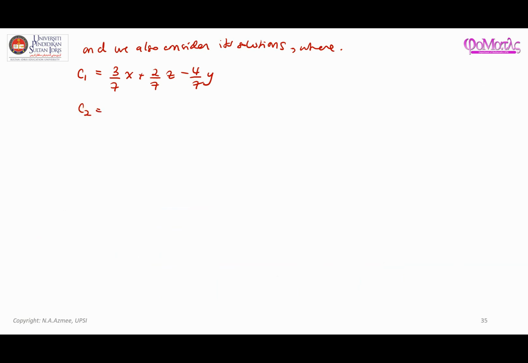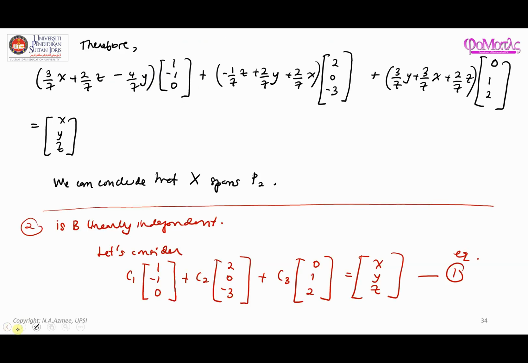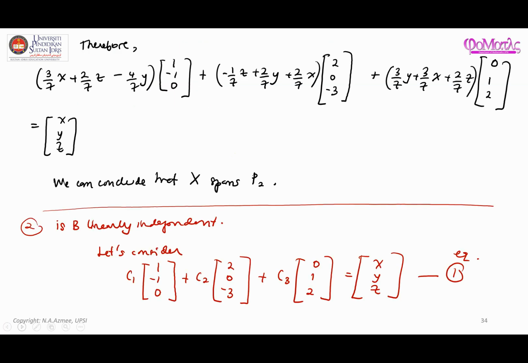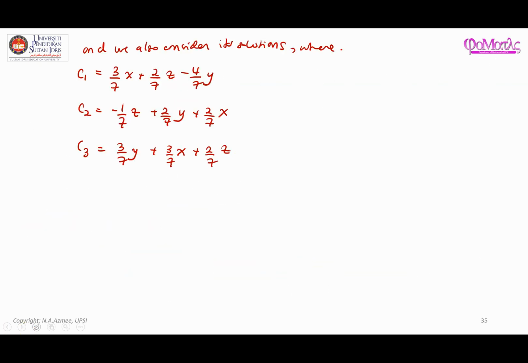C2 is equal to negative 1 over 7z plus 2 over 7y plus 2 over 7x. And finally, C3 is 3 over 7y plus 3 over 7x plus 2 over 7z. So this is what we can consider: this equation and the solutions provided.